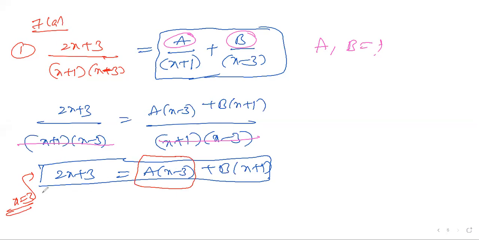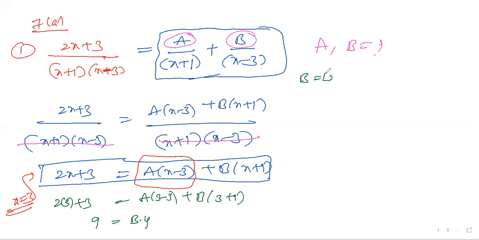Substituting x equal to 3: 2 into 3 plus 3, and A into 3 minus 3 is 0. So 2 threes are 6, 6 plus 3 is 9. So B into 4. What is the value of B? B is equal to 9 by 4. The value of B you got.